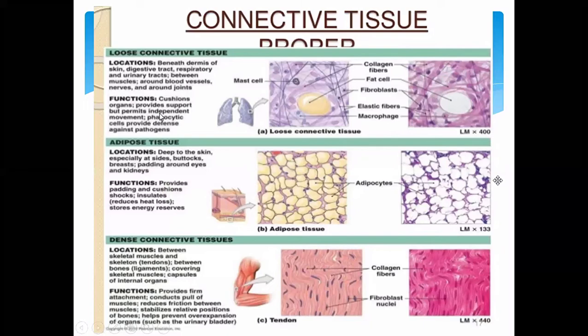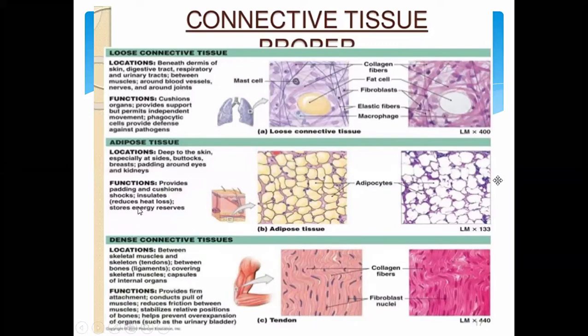And then you have your adipose tissue. These are located deep in the skin, especially on your sides, in your buttocks, in the breast, padding around your eyes, and also in kidneys, okay.